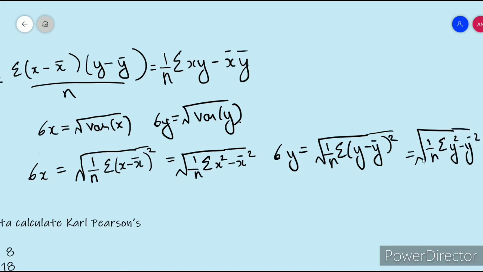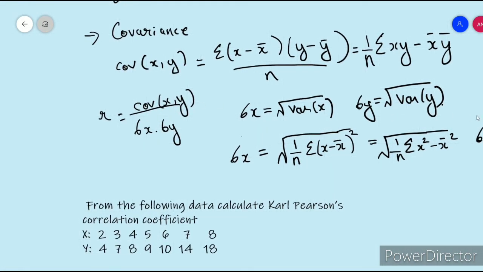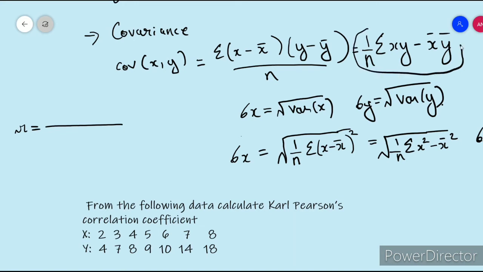So we just substitute these values in this formula over here, and we get Karl Pearson's correlation coefficient. It's equal to the covariance, which is 1 by n summation xy minus x bar y bar, divided by the product of the standard deviation of x and the standard deviation of y.